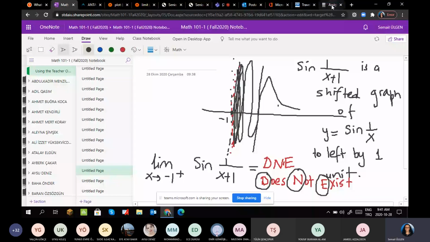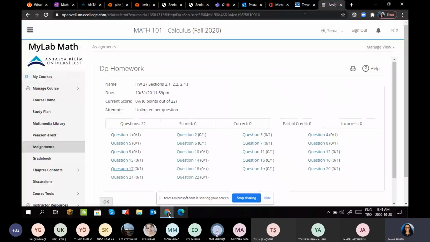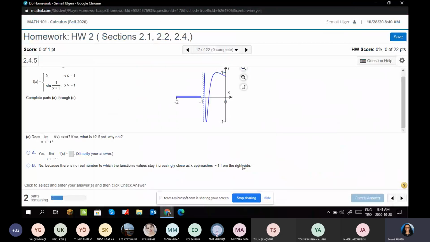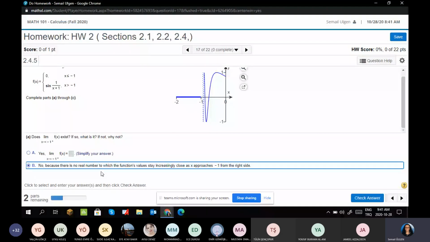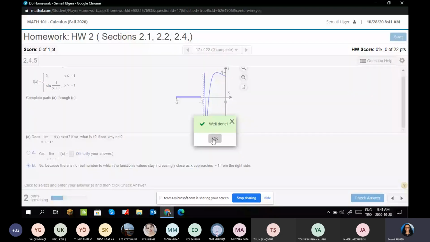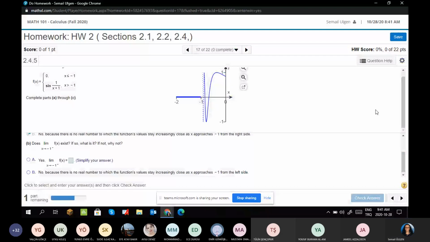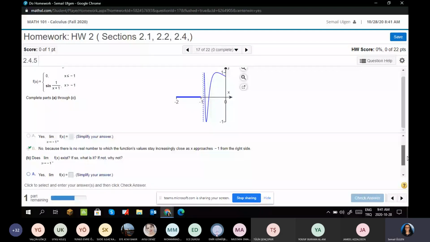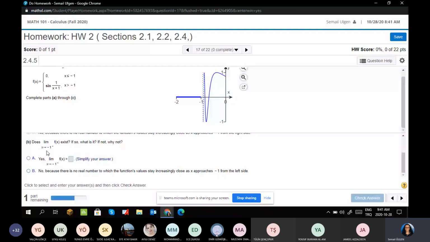So what's going to be the answer in that case? Let's open it up. We say no, because there's no real number to which the function's values stay increasingly close as x approaches -1 from the right side. Let's check the answer. Well done. Let's move to the next question. B, does the limit as x approaches -1 from the left exist?